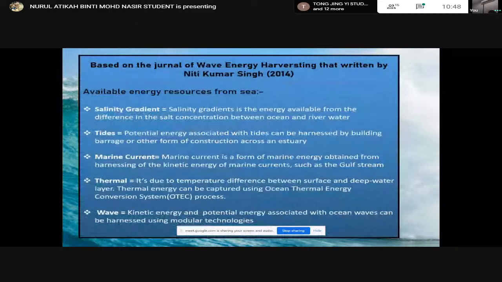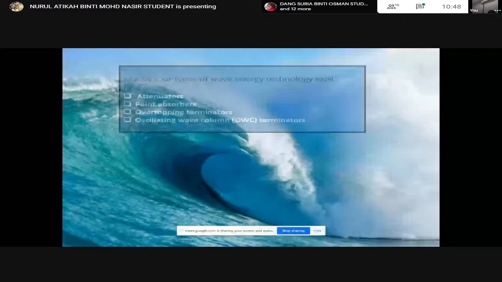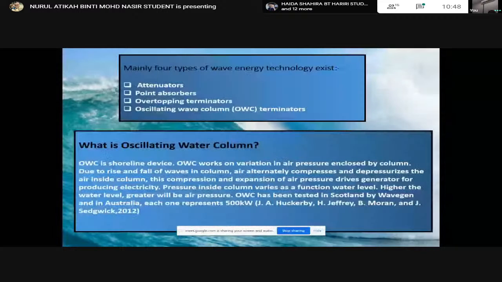Okay, these are the available energy resources. For salinity gradient, it is energy created from the difference in salt concentration between two fluids, which are ocean water and river water. The second one is tidal energy.